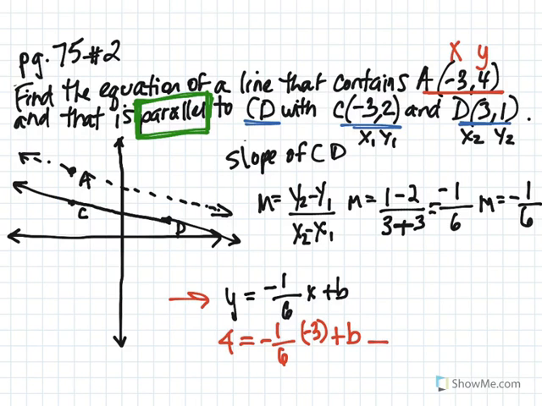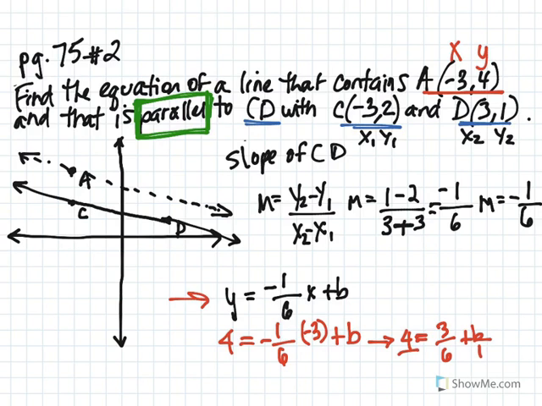So I get 4 equals negative 1 times negative 3 gives me positive 3, divided by 6 gives me 2. Oh, I'm sorry, hold on. Let me write that out. Negative 1 times negative 3 gives me positive 3, divided by 6 gives me 1/2 plus b.